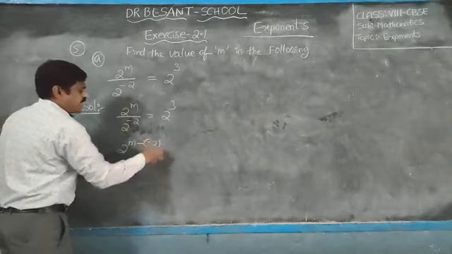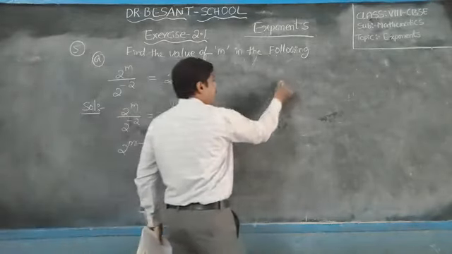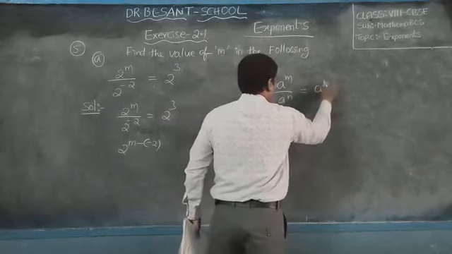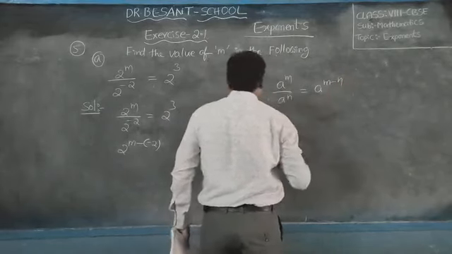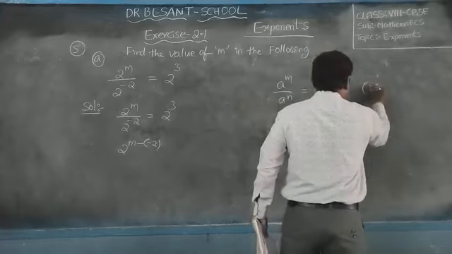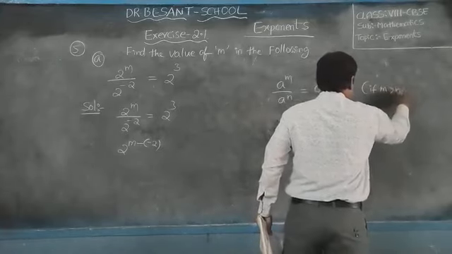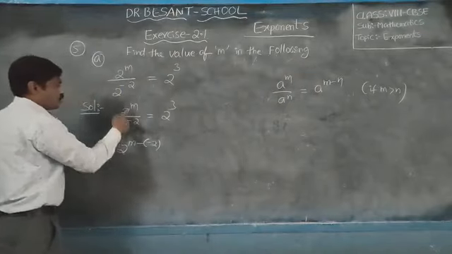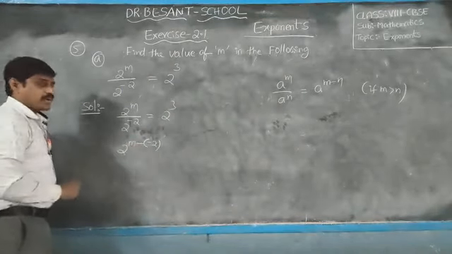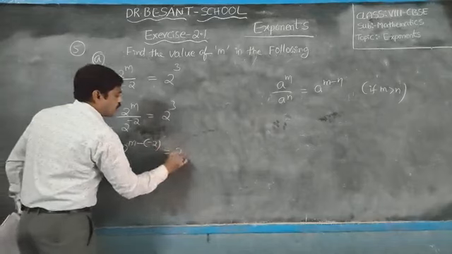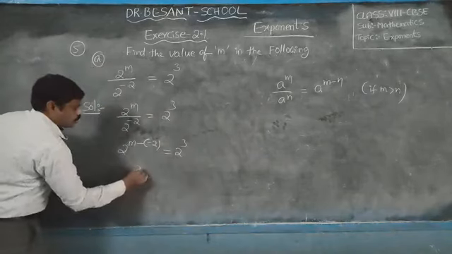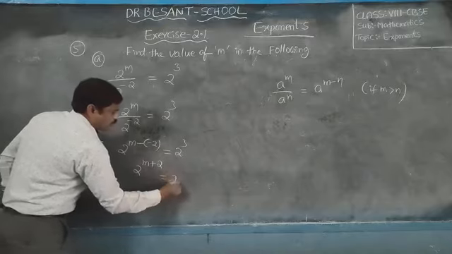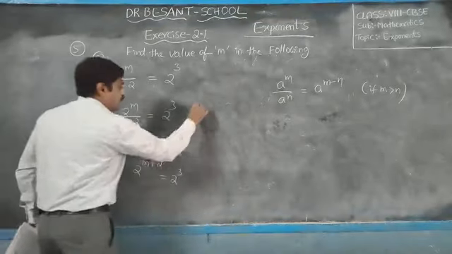A power m by a power n is equal to a power m minus n, if m greater than n. So 2 power m minus of minus 2 is equal to 2 cube, that is 2 power m plus 2 is equal to 2 cube.